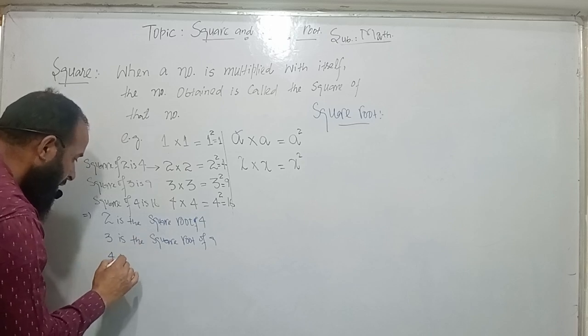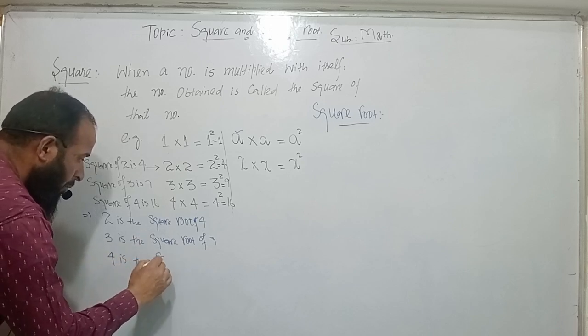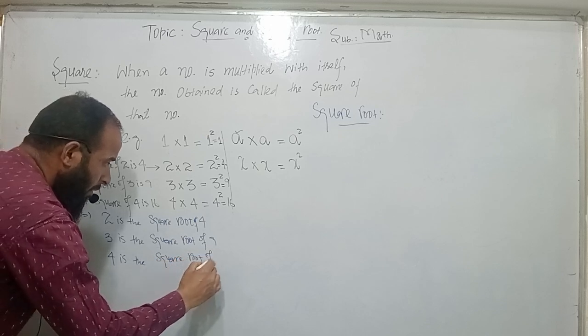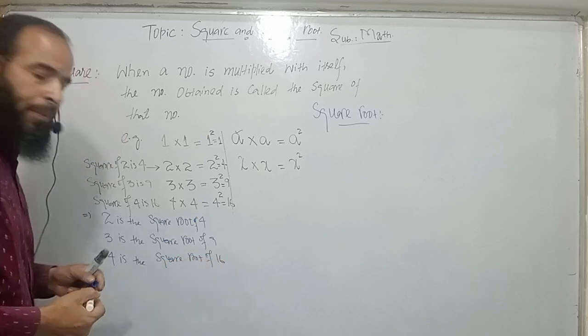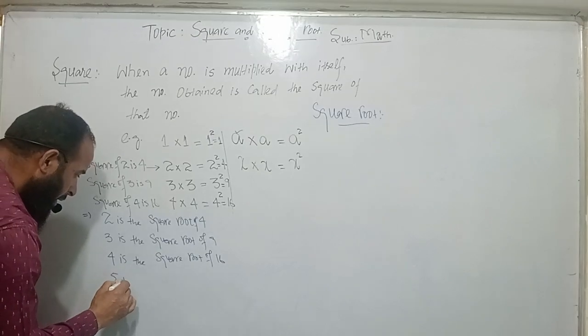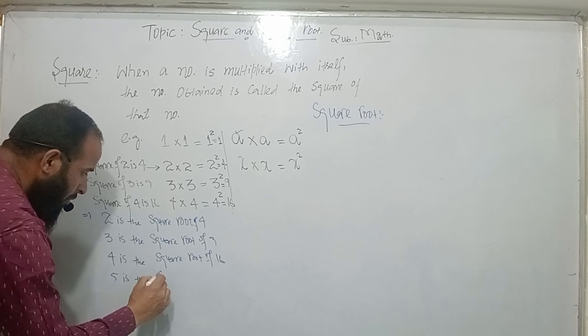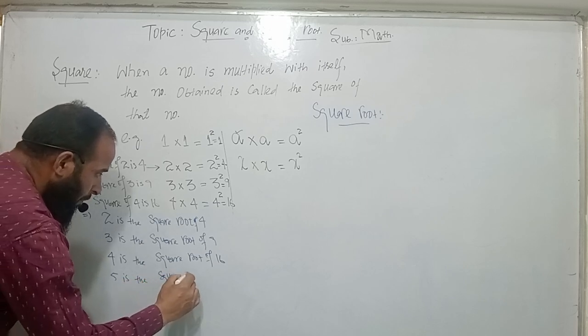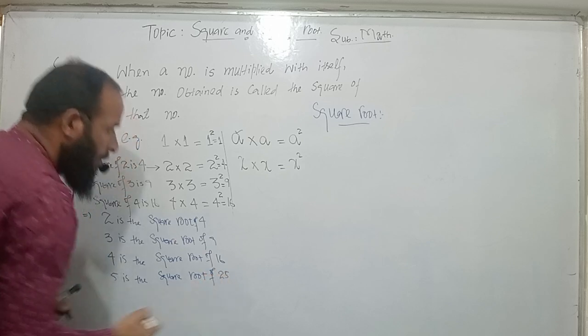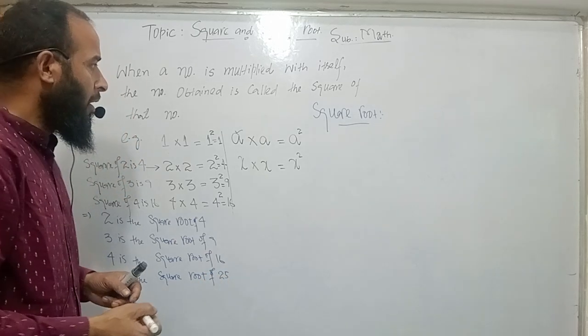Likewise, 4 is the square root of 16. And so on. You can say 5 is the square root of 25.